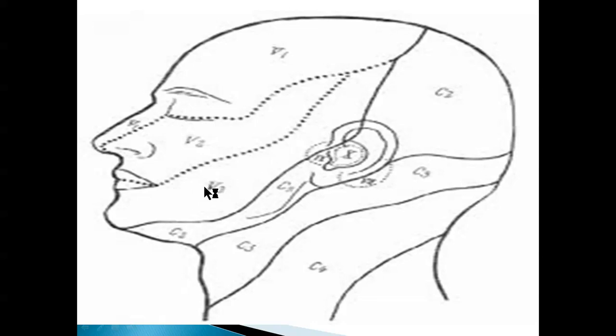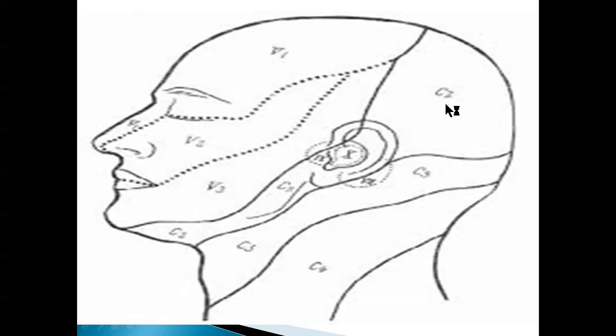Only the V3, the mandibular part of the trigeminal nerve, is mixed, that is sensory and motor as well. Motor supplying the muscles of mastication. So C2, C3, C4 need to be remembered. You shouldn't confuse this because it's very, very important here.